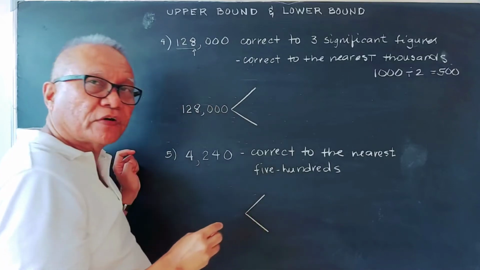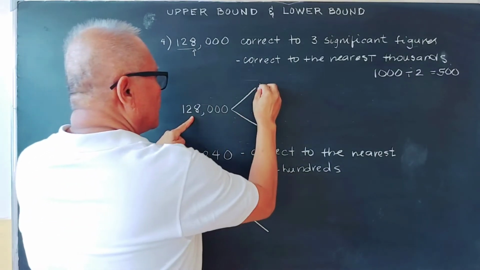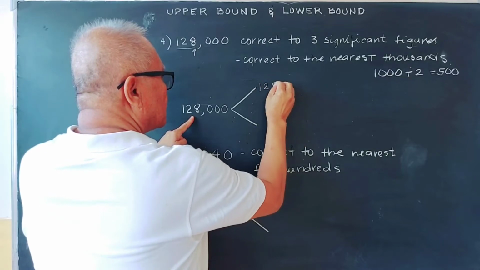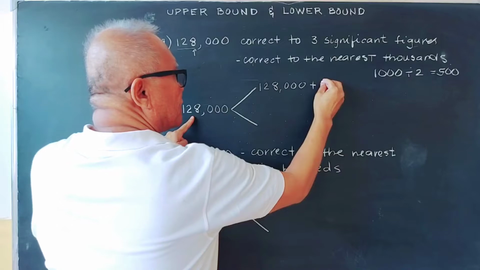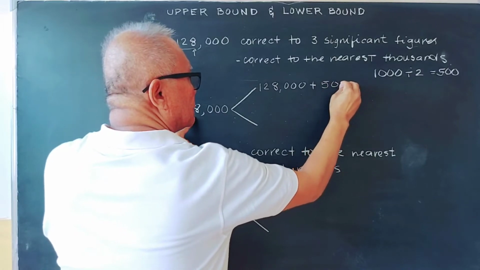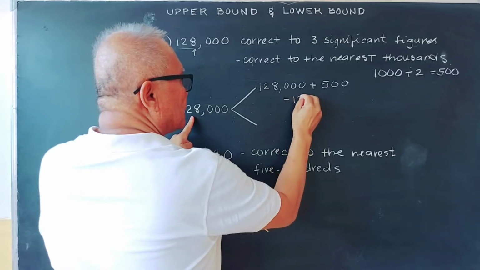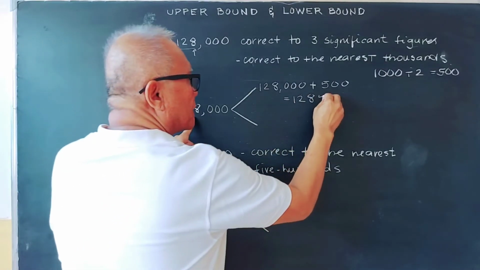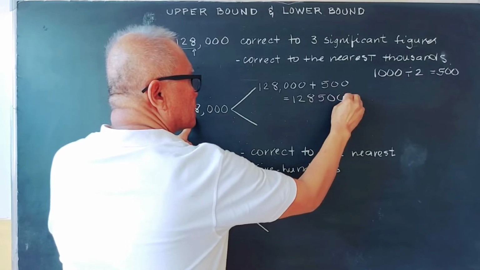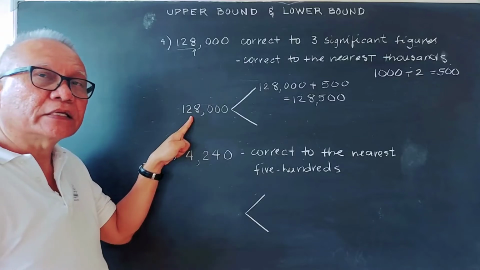So what am I going to do with the 500? We add that one to get the upper bound. We have 128,000 plus the 500 here. So that would be equal to 128,500.